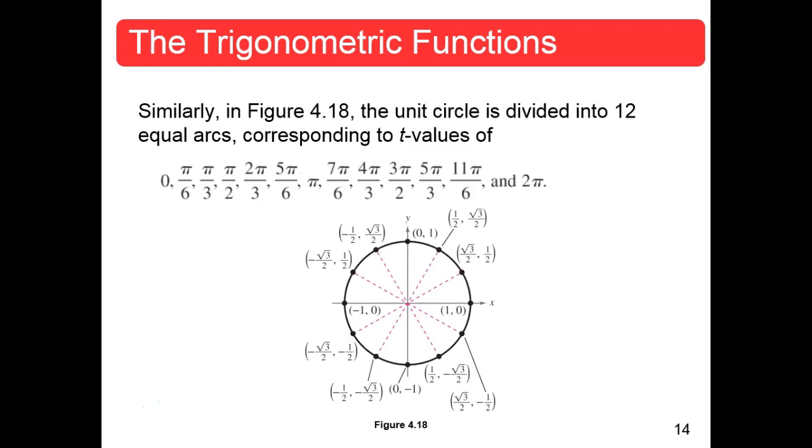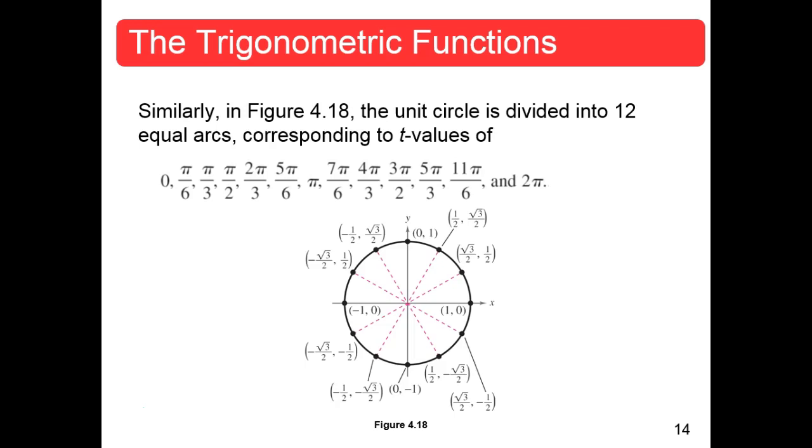So, if we split that unit circle into 12 equal arcs, now this time we're going to do one way all the way around is 2 pi, pi, pi halves, okay? Now that pi halves will split into 3 equal parts. This is divided into 4 equal parts, and then divide that into 3, that gives you your 12 equal parts.